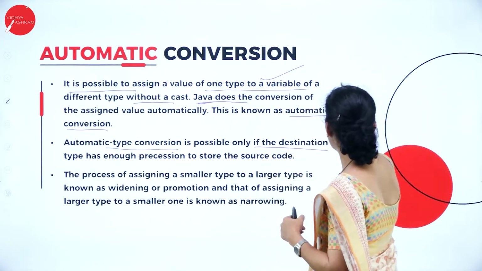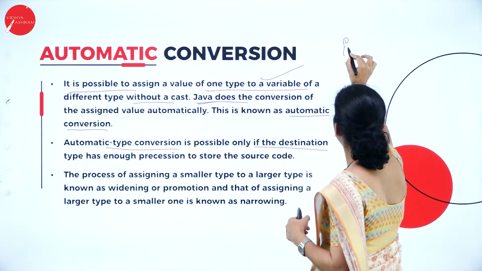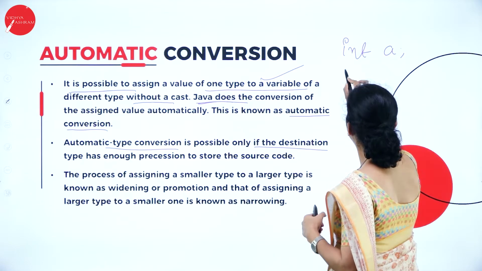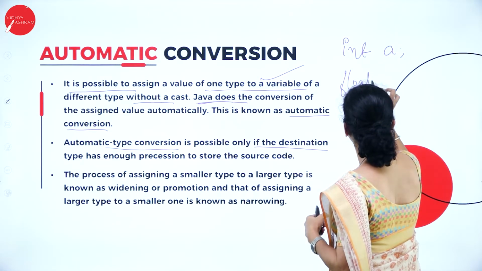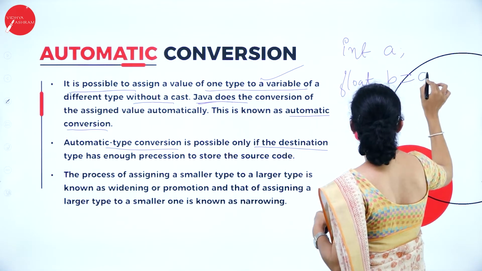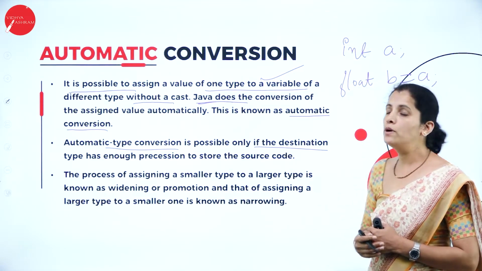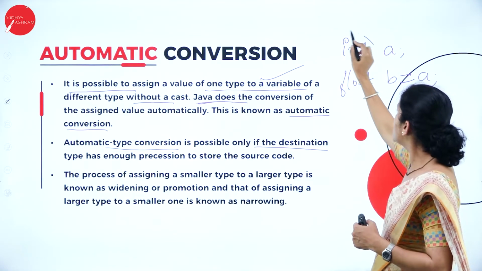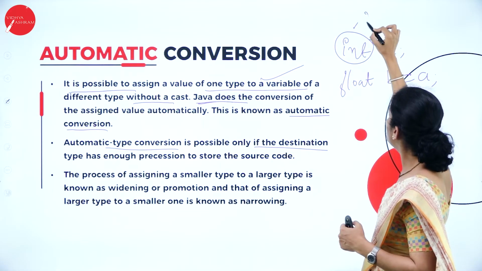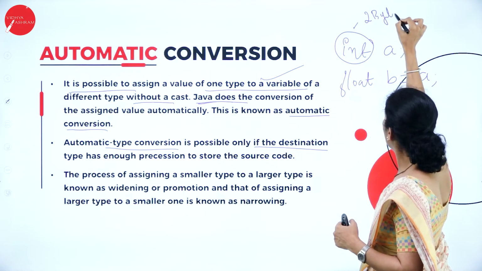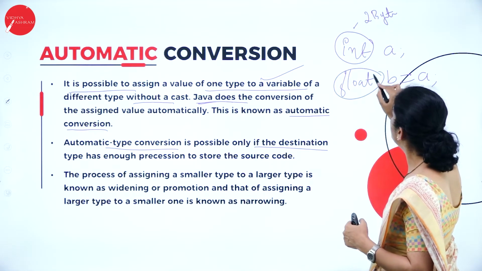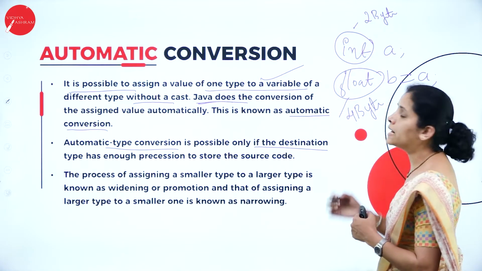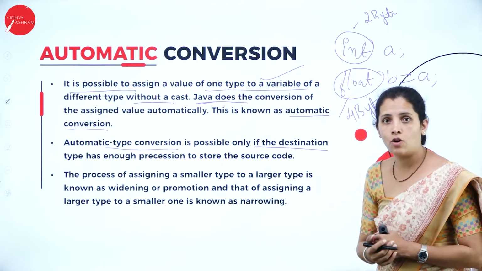For example, think that I have int a and float b. Now I can convert integer to float because the size of the integer is 2 bytes and the size of the float is 4 bytes. But vice versa is not possible.